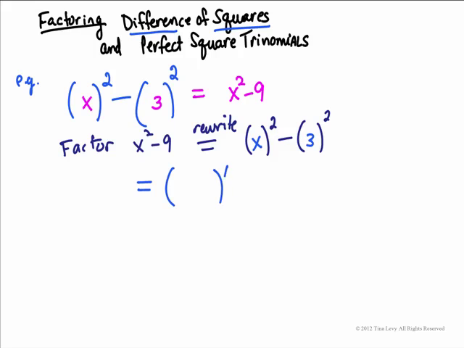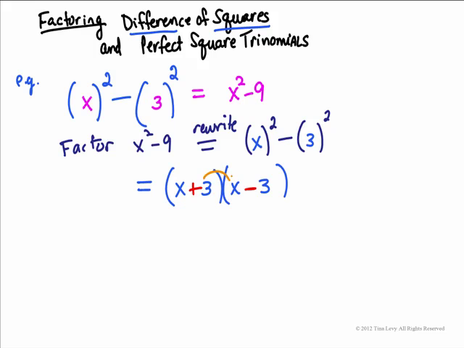And the factors are, I'll have x in both. And if we notice here, we have a minus 9, so I'm going to have 3 in both. One is plus and the other is minus. And what you'll notice is when we do the inner and the outer, we have no x term.